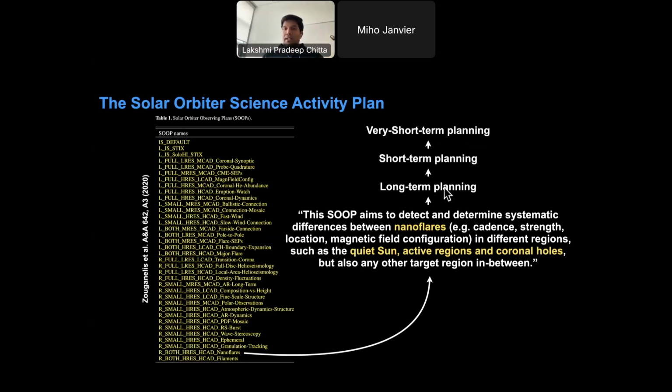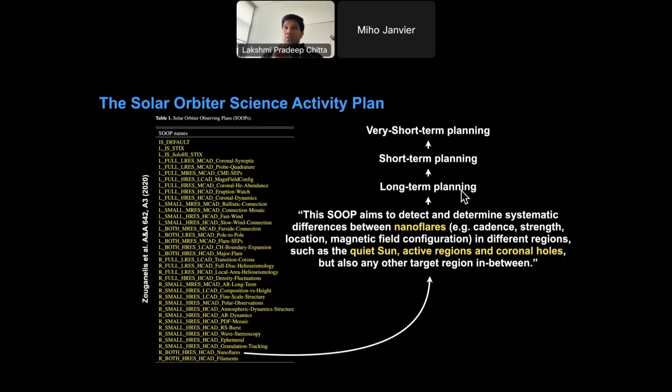So the long-term planning involves basically creating a very coarse plan of what we are going to observe in the 6 months in the near future. And short-term planning then involves designing these observations and making a clear guideline of how and when these observations should be executed. And then very short-term planning involves specifics of that particular target of observation.